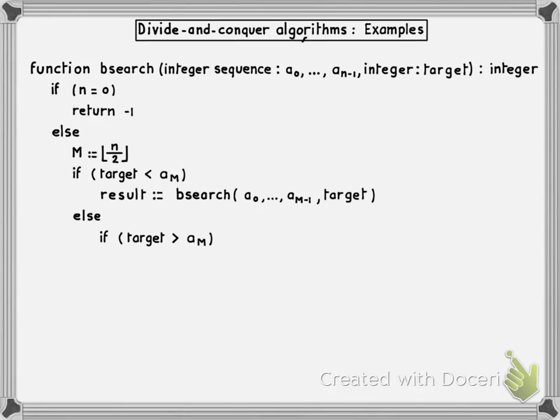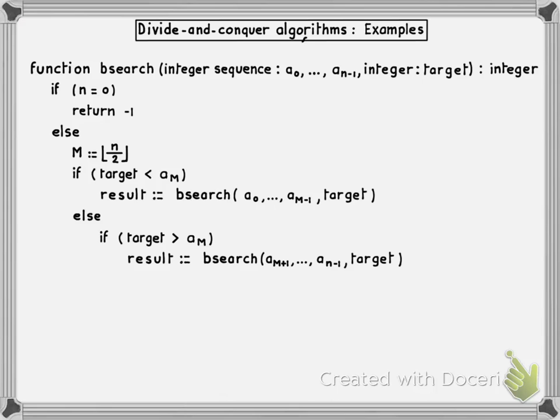In other words, the subsequence of a sub m plus 1 all the way to the end, a sub n minus 1, of course with the same target. And again, this recursive call is going to return a result which we store in the same variable. Notice only one of these recursive calls is going to be executed.